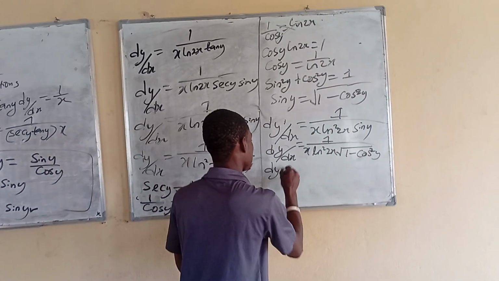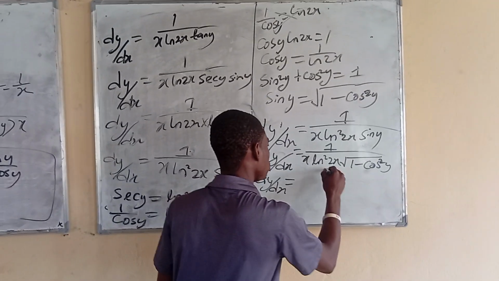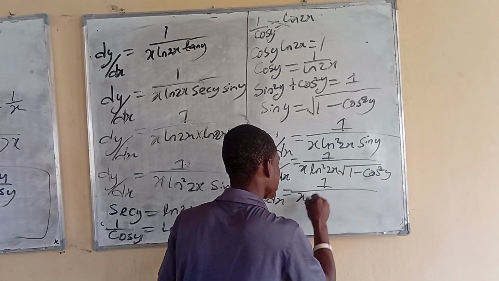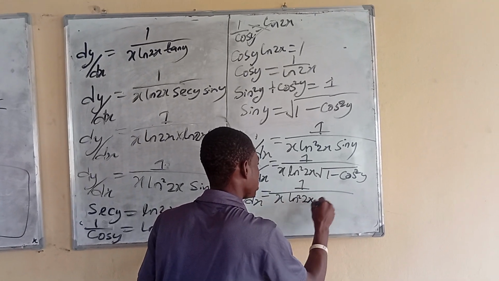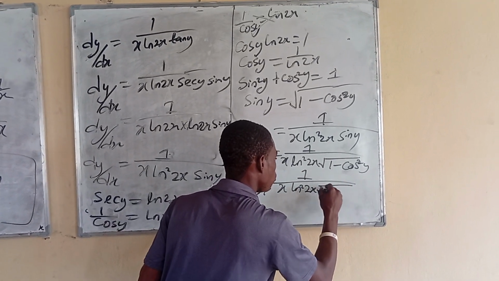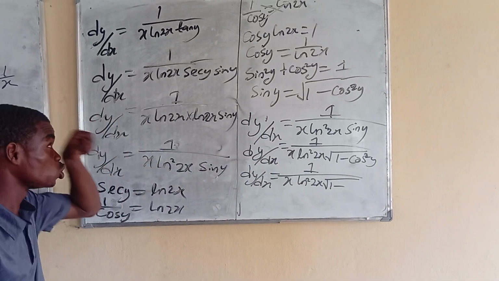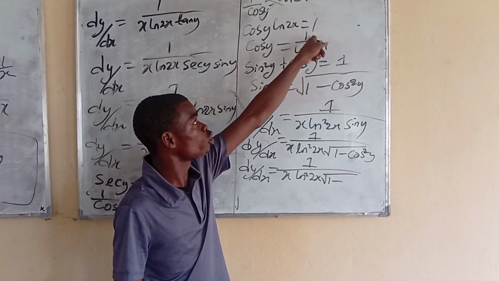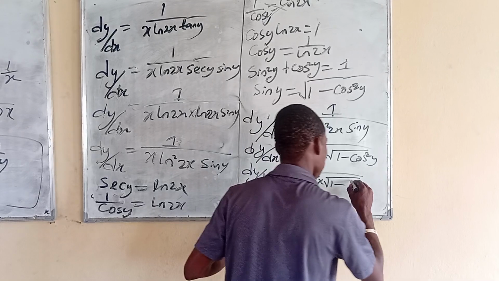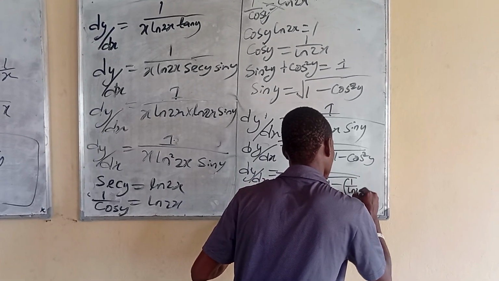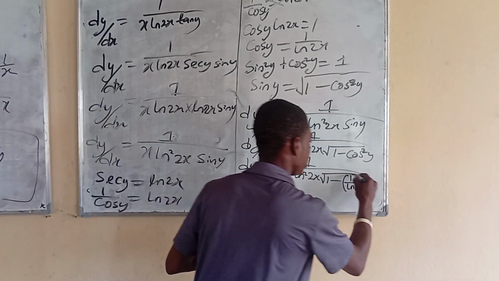So dy over dx will equal 1 divided by x ln squared 2x, times the square root of 1 minus, now what's your cos y? Cos y is just 1 over ln 2x. So substitute it here, 1 over ln 2x, then don't forget your squared.